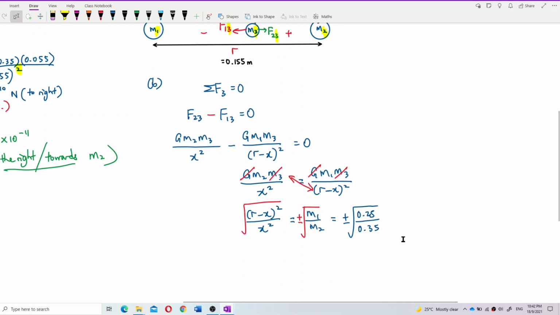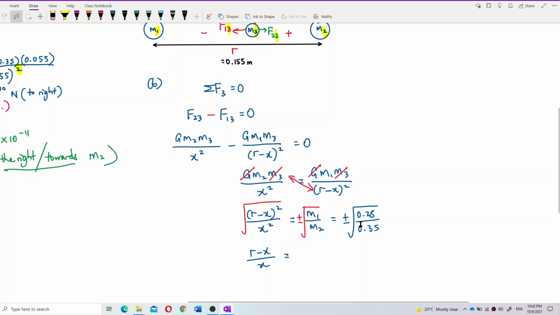Let's calculate. After we square root, we have a positive negative sign, isn't it? Now at the left hand side, when we square root, the square is just gone. It just leaves us with r minus x over x, equal to, so what is the value over here?